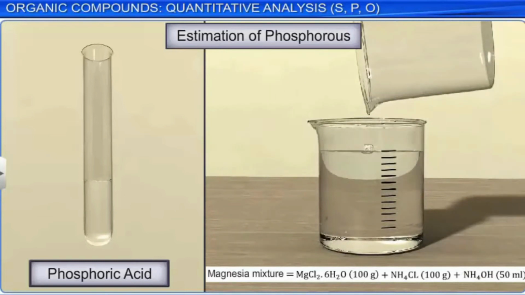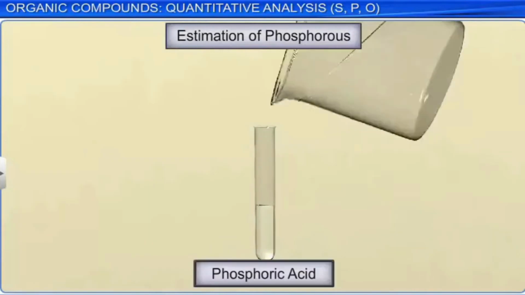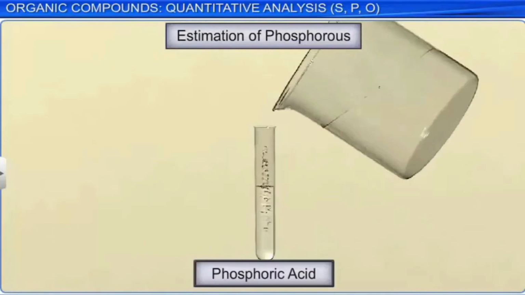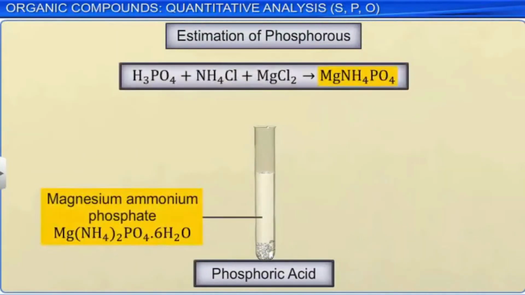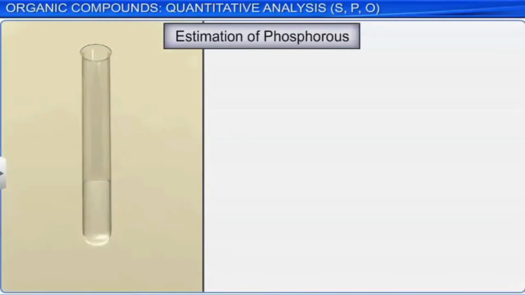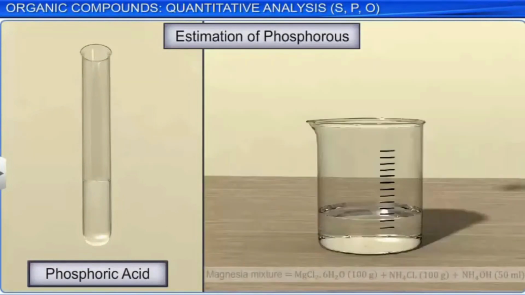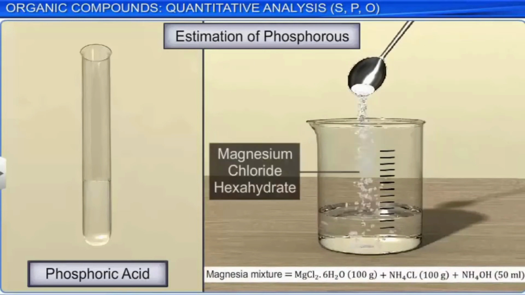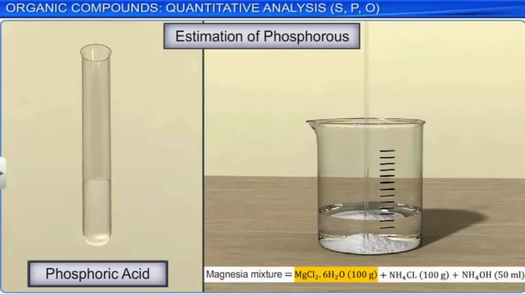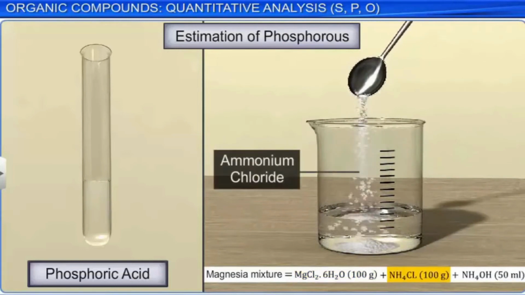On adding magnesium mixture to phosphoric acid, a precipitate of magnesium ammonium phosphate is formed. This precipitate is filtered, washed, dried, and then ignited to produce magnesium pyrophosphate. From the weight of magnesium pyrophosphate, weight of phosphorus can be estimated.